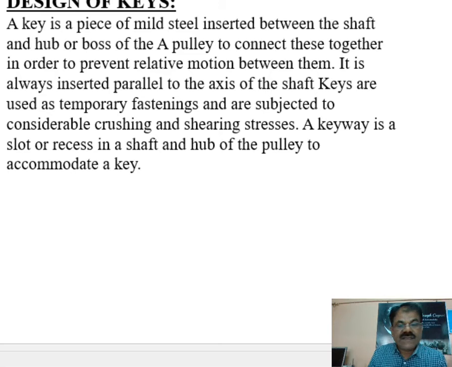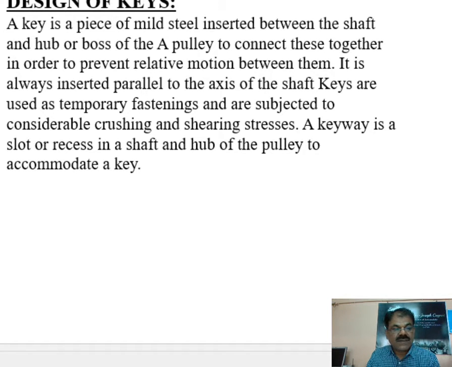So, design of key. How to design the key? A key is a piece of mild steel inserted between the shaft and hub or boss of the pulley to connect these together in order to prevent relative motion between them.